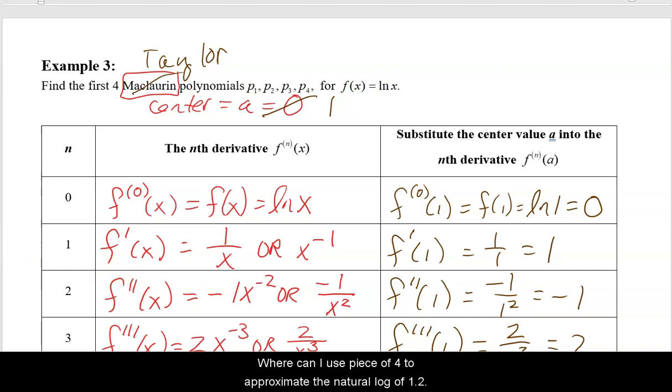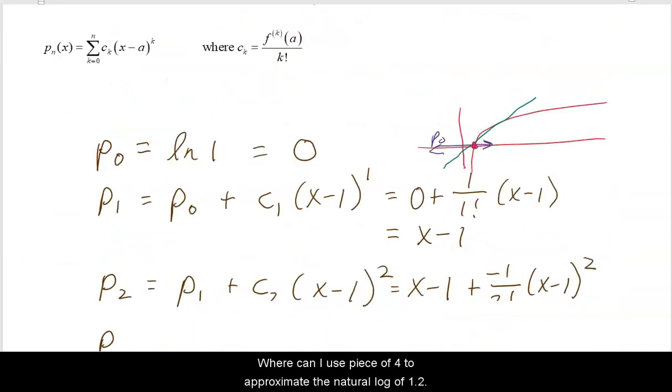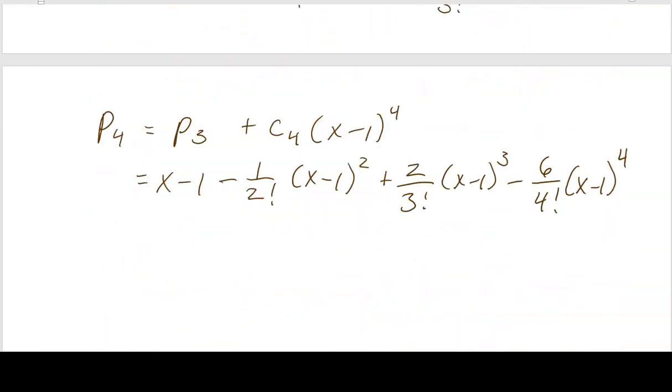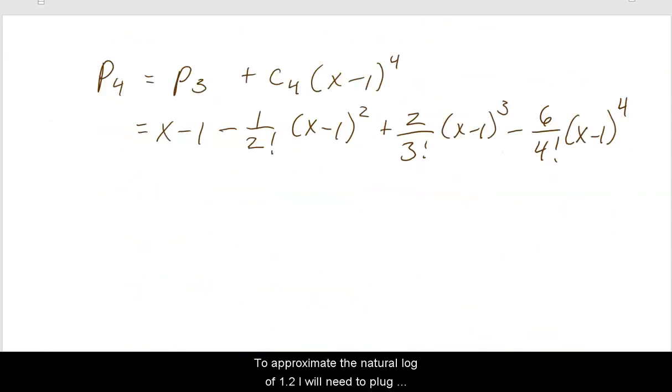We're going to use p sub 4 to approximate the natural log of 1.2. To approximate the natural log of 1.2, I will need to plug in 1.2 in place of x. This means I'm evaluating p4 of 1.2.